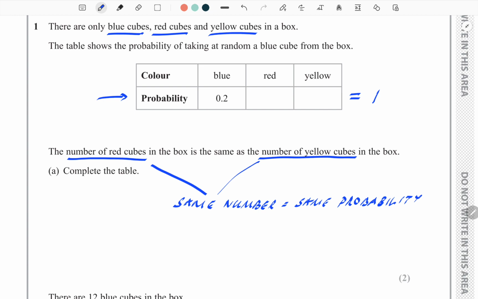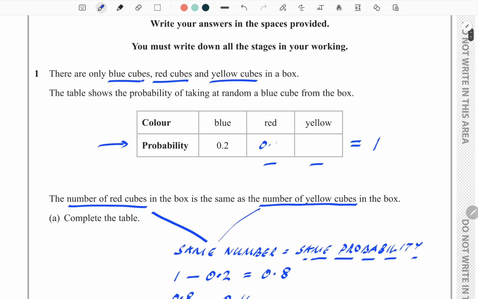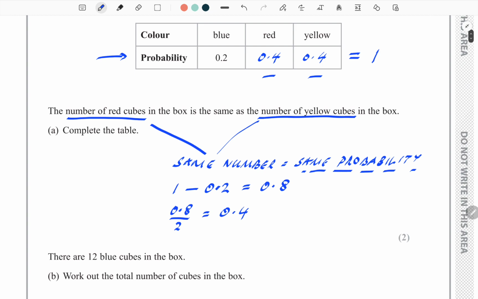So the probability for the red and the yellow must be 1 minus the probability of the blue, which is 0.2, therefore total 0.8, and the 0.8 is shared by the red and the yellow equally because they have the same probability, as we've said. So 0.8 divided by 2 is 0.4. So the probability of each one of those, red, 0.4 and 0.4. And that effectively adds up to 1, so we know that that's correct.